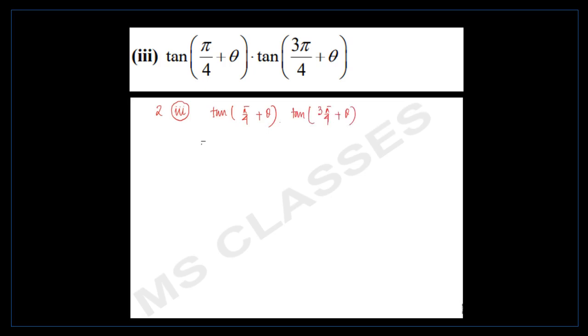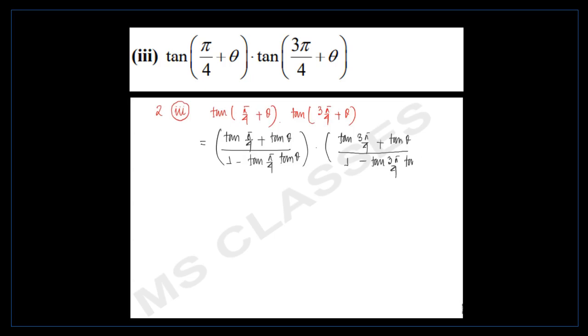Now this can be written as tan A plus tan B by 1 minus tan A tan B, into tan A plus tan B divided by 1 minus tan A tan B.